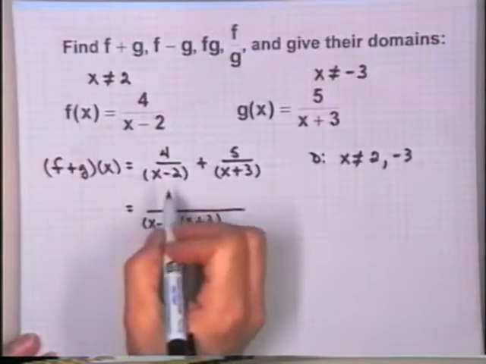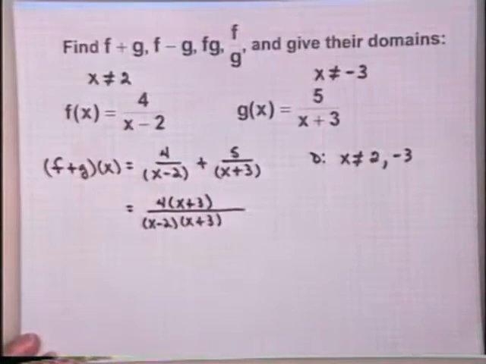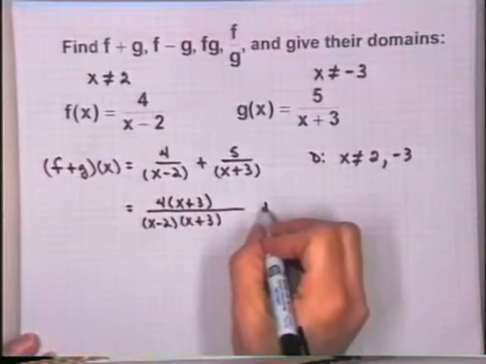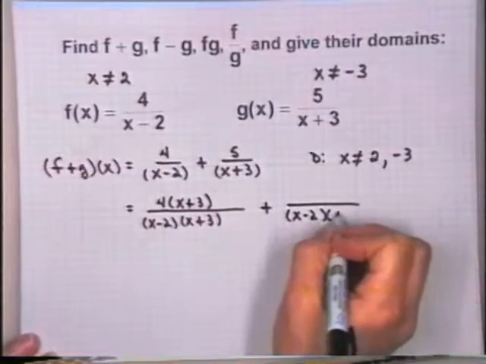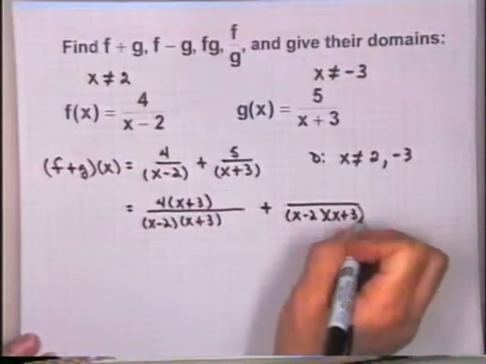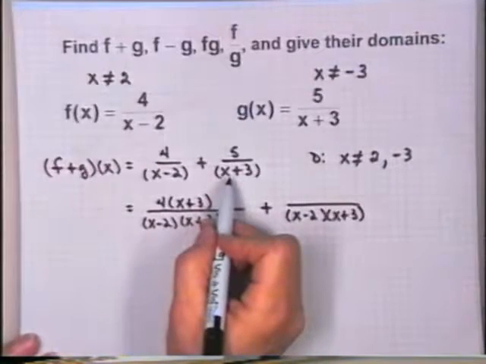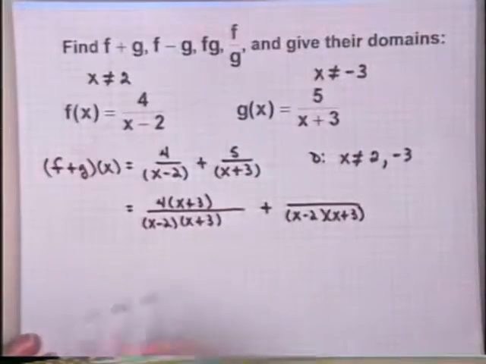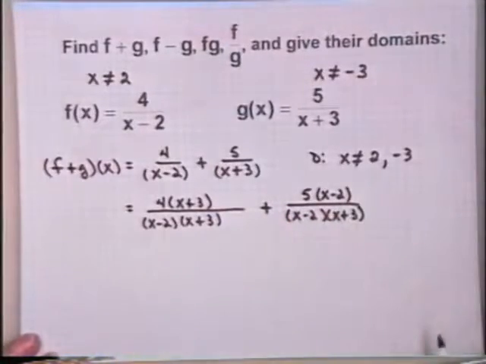X plus 3. So our 4 is going to be multiplied by x plus 3, isn't it? Okay? For our second fraction, again, our common denominator, x minus 2 times x plus 3. This second fraction needs to have the numerator and denominator multiplied by what? The x minus 2, doesn't it? So 5 times x minus 2 here.